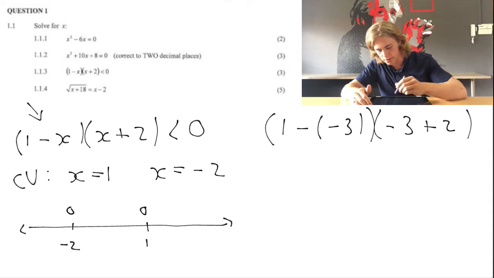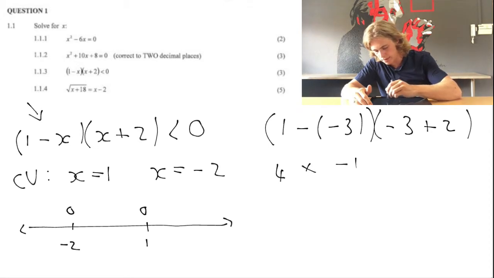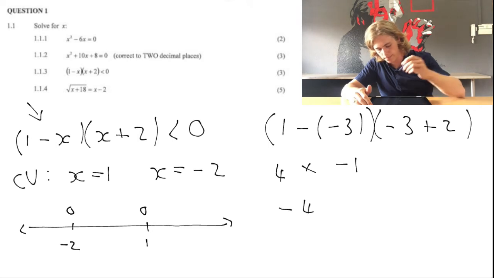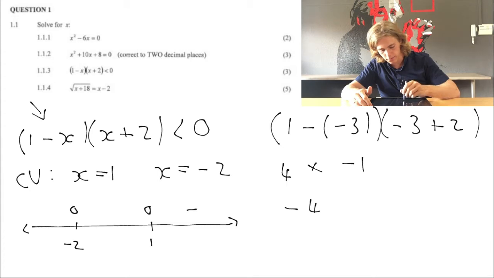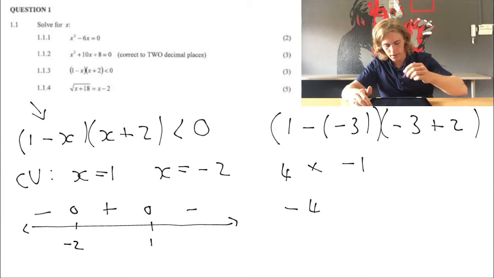And that is going to then give us 4 times negative 1, which then equals negative 4. And so on the outsides we have negatives, and on the insides we have a positive.